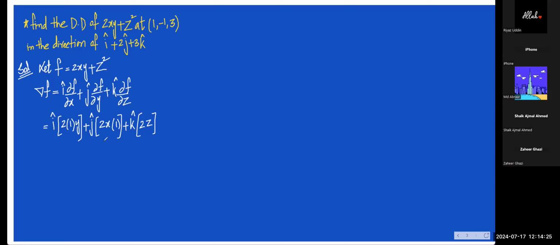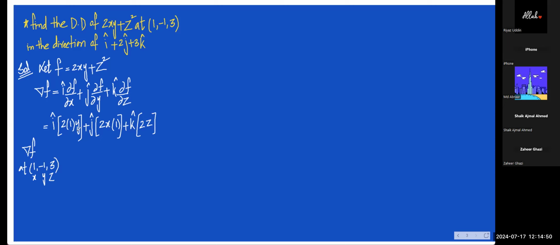No sir. Okay. Otherwise all these things keep repeating later in the unit, you should understand them well now. Del f, where we have to find the point. What is the point? (1, -1, 3). This is the value of x, in place of y this is the z value.